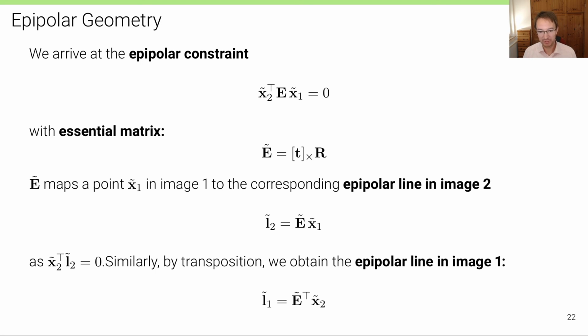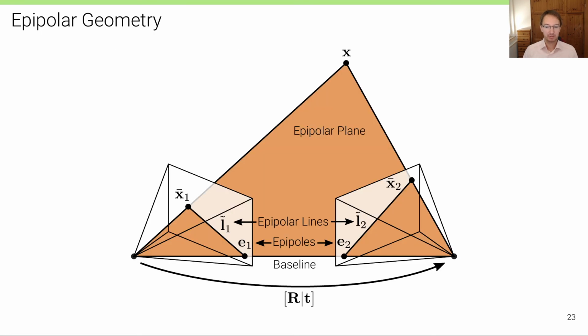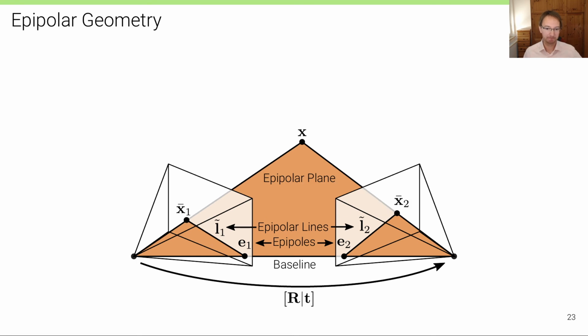And similarly, by transposition, we obtain the opposite. We obtain the epipolar line in image 1 as, now transposing this expression here, E transpose x2 is the epipolar line in the first image plane. Right, and here's the relationship again, just visually.